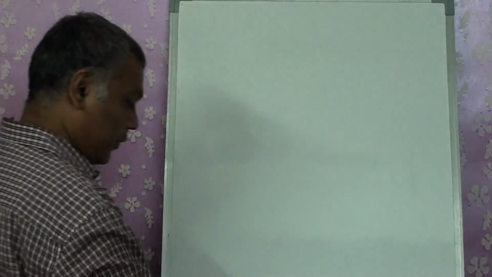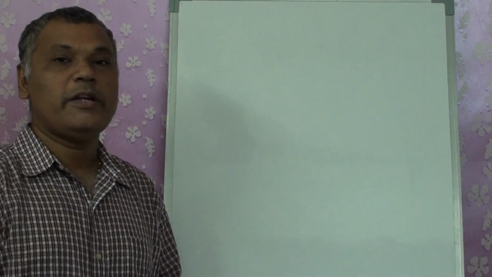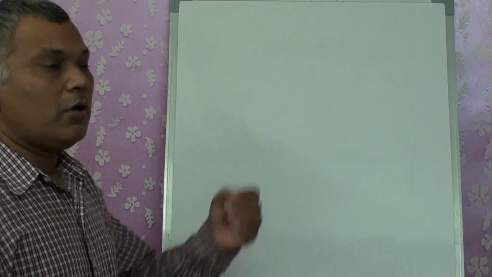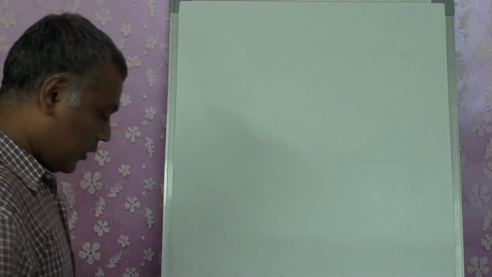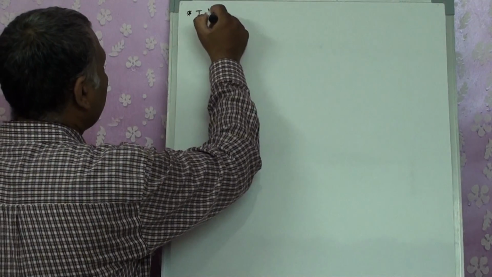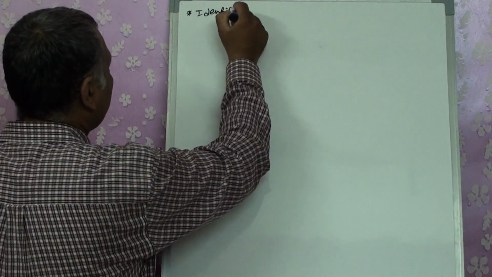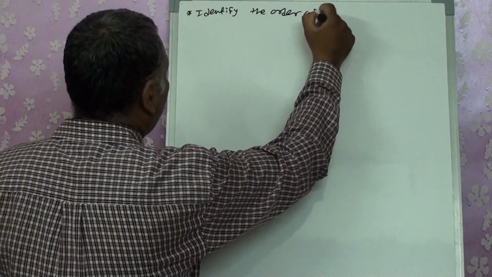It's going to help me predict the order of reaction from the given question without doing any calculation, only through the units. Or if I know the order of reaction, what will be the unit of the rate constant. So particularly here, identify the order of reaction.